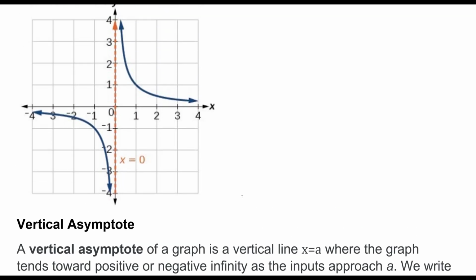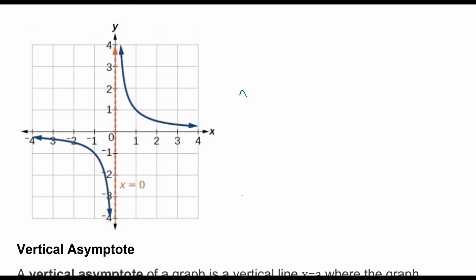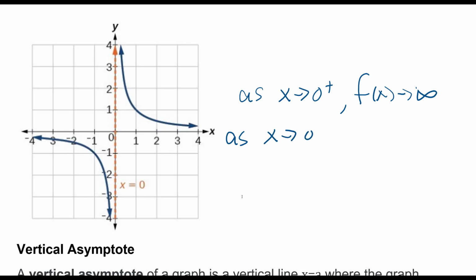In this one, we'd say as x approaches 0 from the right side, f of x approaches infinity. As x approaches 0 from the left side, f of x approaches negative infinity.